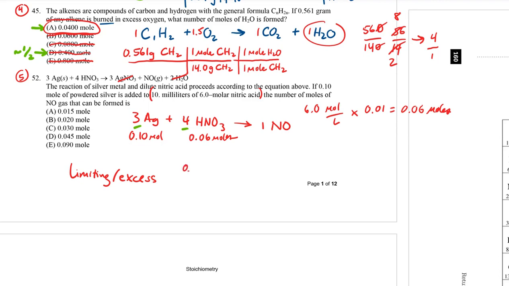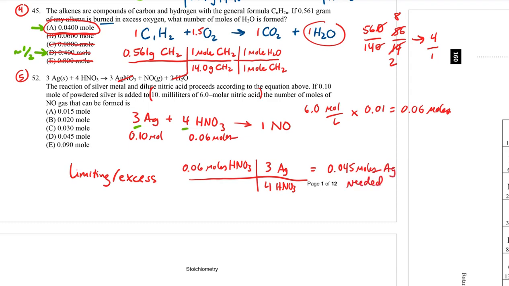For me to use 0.06 moles of HNO3, based on a 3-to-4 ratio, 3 silvers for every 4 nitric acids, I'm only going to need 3/4 as much of that. What's 3/4 of 6? Well, that's 4.5. And so that turns out to be 0.045 moles of silver needed or used.